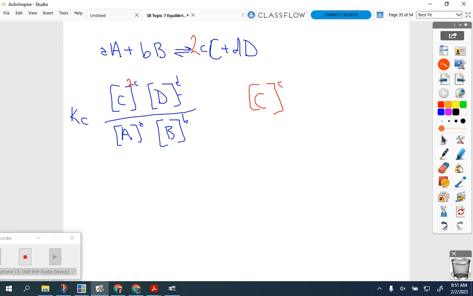If instead of saying 2c, we could also write this like this, right? Because we've got a c and a c here. So then I would just be multiplying this by another c. Right? And if I'm multiplying these two, then it's just raising it to the 2c.